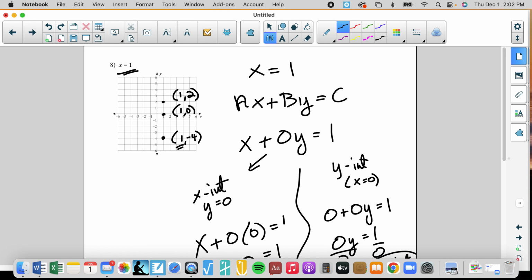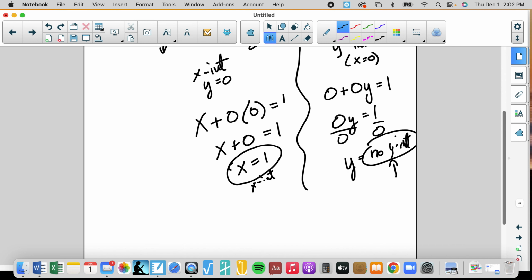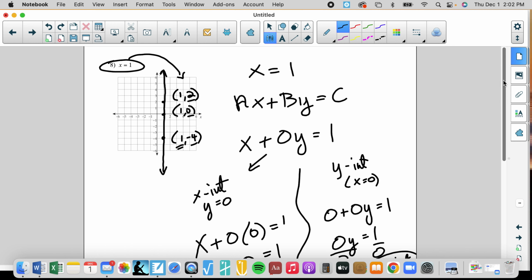Notice all of them, no matter what my y value, at 2, 0, -4, I'm always going to get x equals 1. Because look at that statement. It says x equals 1. It's a very strong statement. X is always going to equal 1. What does that graph look like? It looks like that. Notice it does not cross the y-axis, hence why we have no y-intercept.